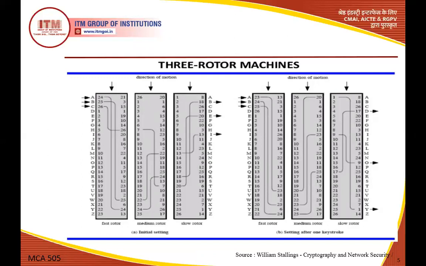Here we define a rotor machine, in which we define all letters A, B, C, D up to Z with connected numbers. 24 is connected by this 24 number, 25 to this 25 number, 26 to this 26 number, and a particular character is assigned to each and every number.